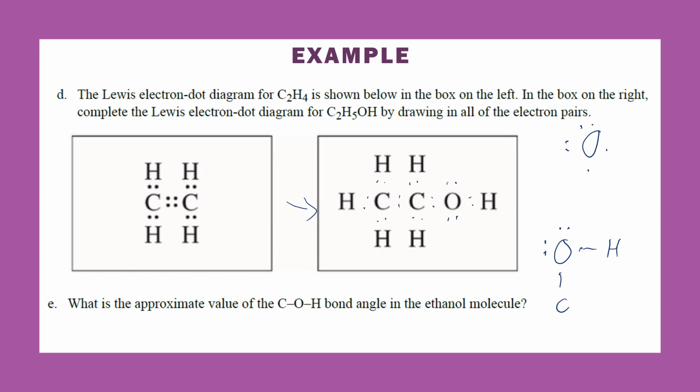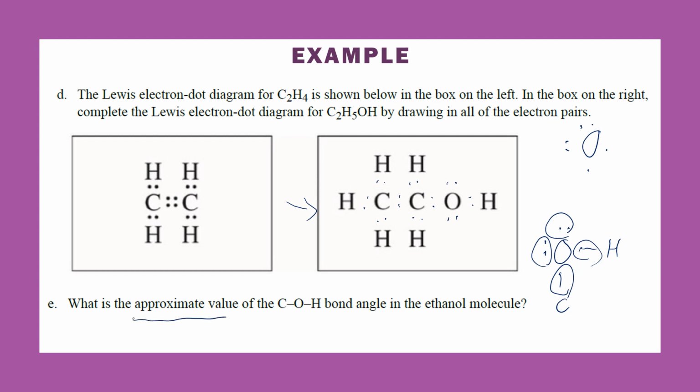But because there are 4 electron domains, 1, 2, 3, 4, we know that it will be a tetrahedral or a variation on a tetrahedral electron domain geometry. But because there are 2 lone pairs, we know it's bent. And the 2 lone pairs will decrease this angle a little bit more than a single lone pair or no lone pairs.